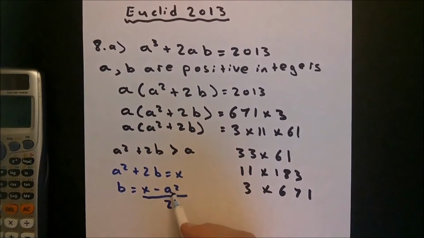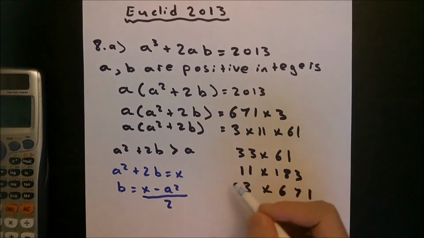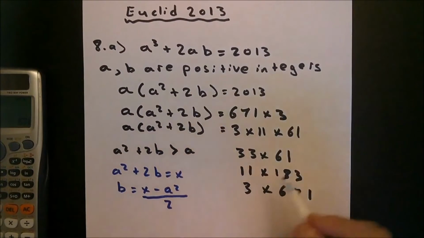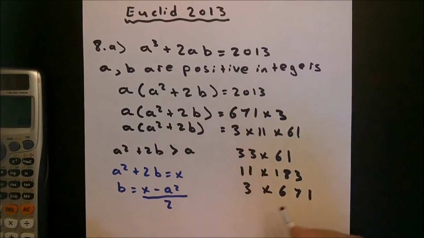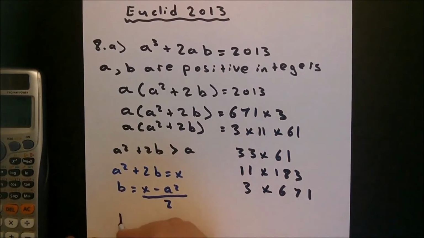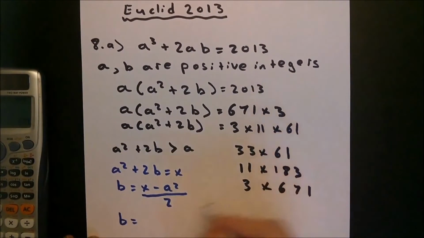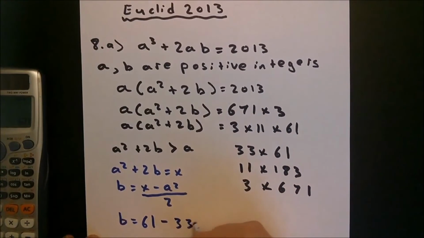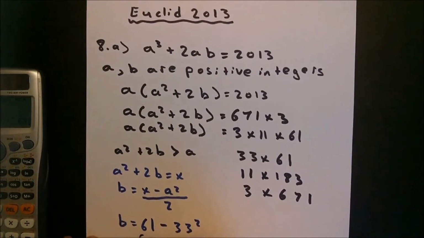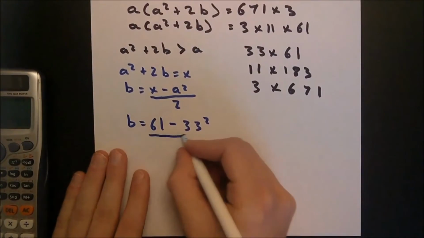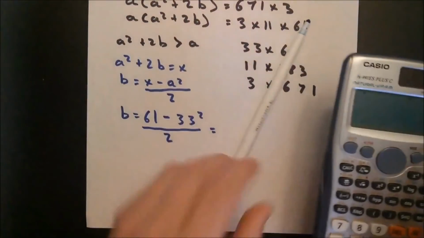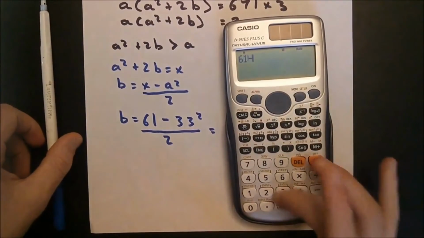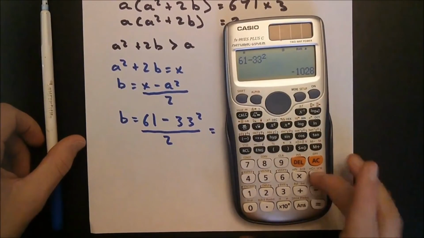And we're just going to plug in our values of a that we put in here, and our values of x, the higher number on the right-hand side. So using our first pair, b equals (61 minus 33 squared) divided by 2.